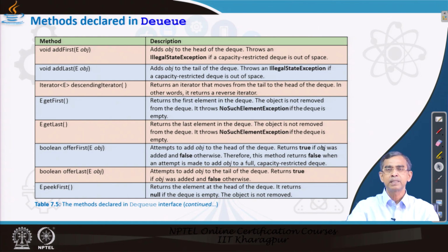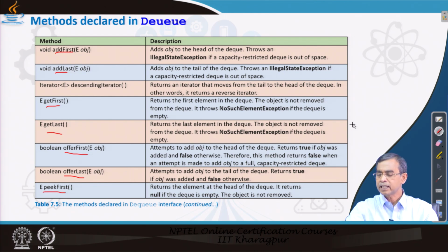The only thing is that it specifies some methods to add either as the first element or the last element, or at any position. For example, addFirst, addLast, and then getFirst, getLast. offerFirst is basically adding again, offerLast. peekFirst means just read only, not remove. So, these are the different methods, like the other methods, basically for insertion, deletion and traversal.